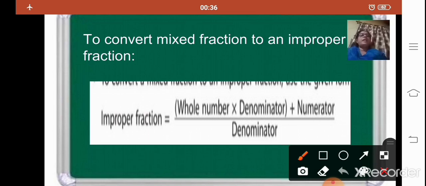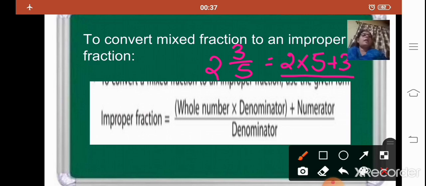Now suppose I take a mixed fraction, 2 3/5, and I have to convert it to an improper fraction. What I'll do is take the whole number, that is 2, multiplied by the denominator 5, plus the numerator 3, upon the denominator, that is 5.